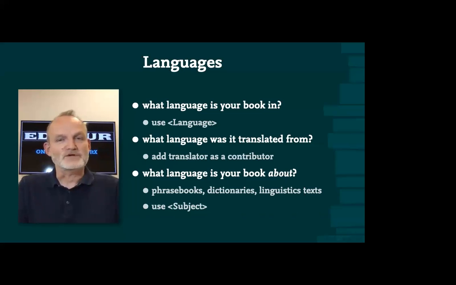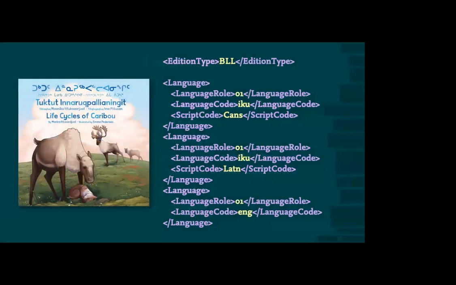And for some types of book, you can express what language the book is about, but this time using the subject codes. So here's a nice example. This is a kid's book which shares 6 terms for caribou at various stages in their life cycle. It introduces the youngest readers to the rich Inuktitut vocabulary for these important animals.